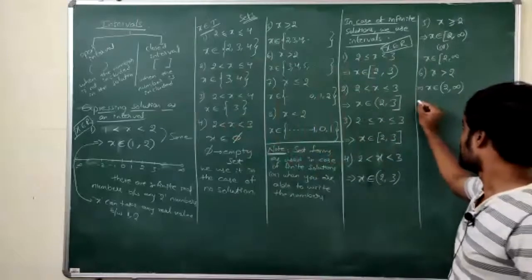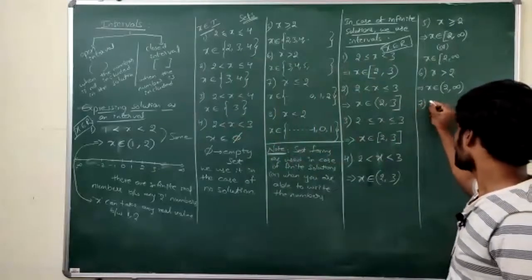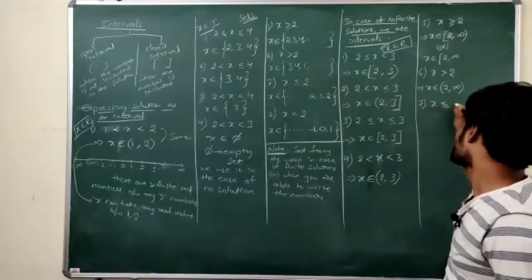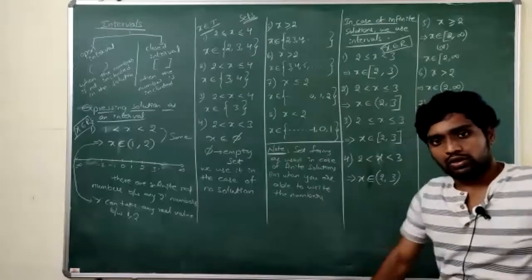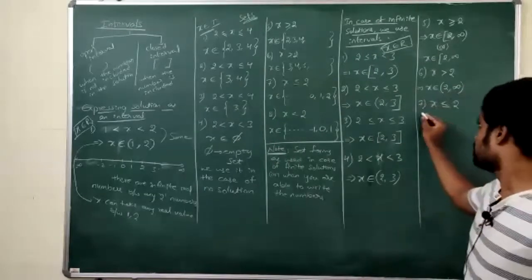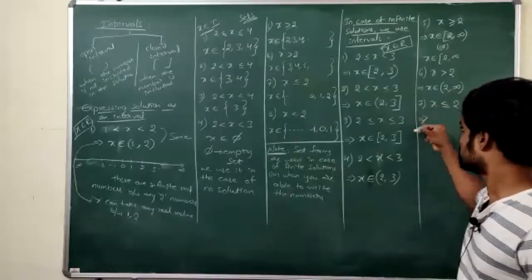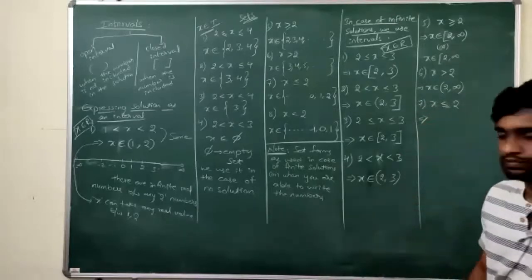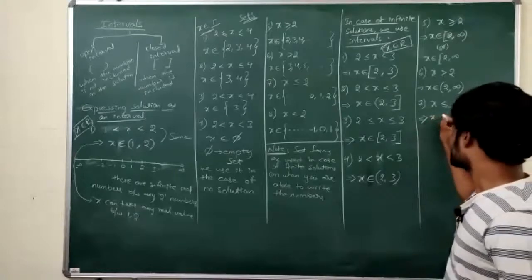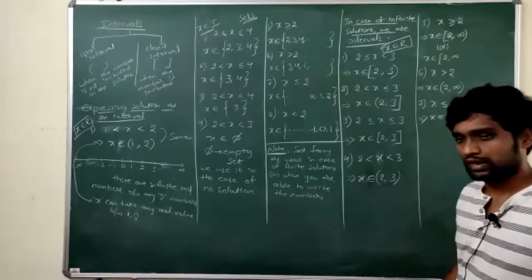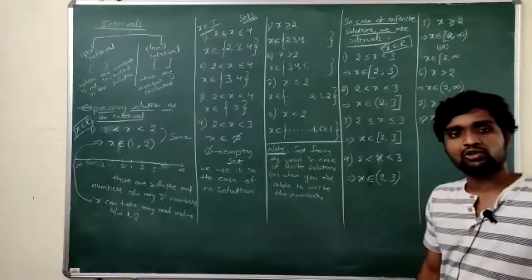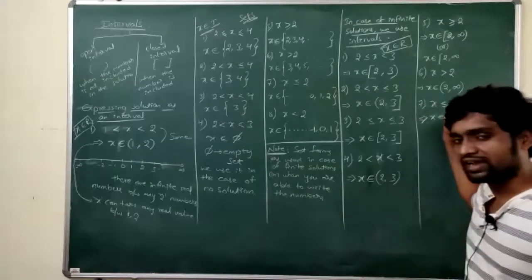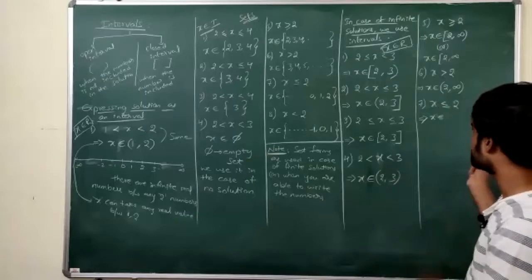Okay. Now, seventh one. X less than or equal to 2. How to write this? X belongs to, x values range from which number to which number?